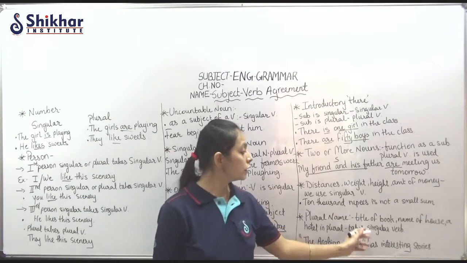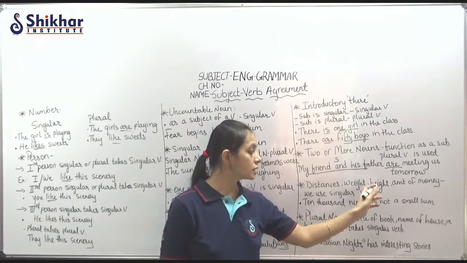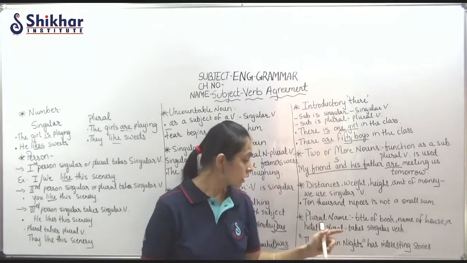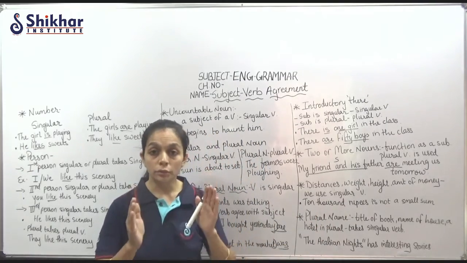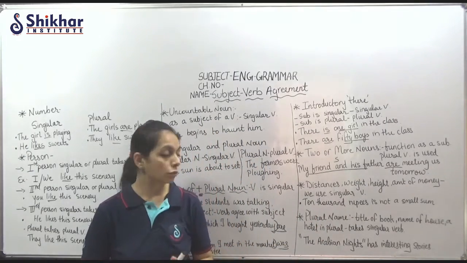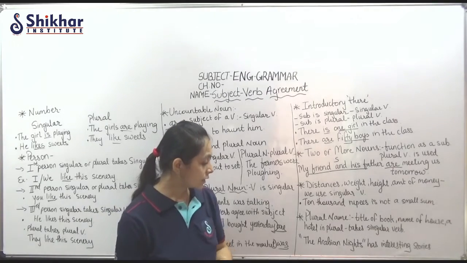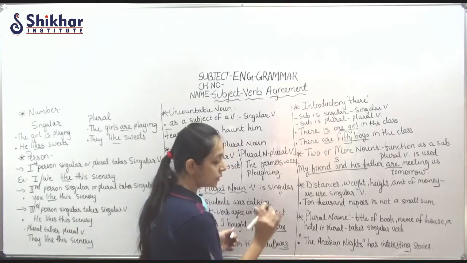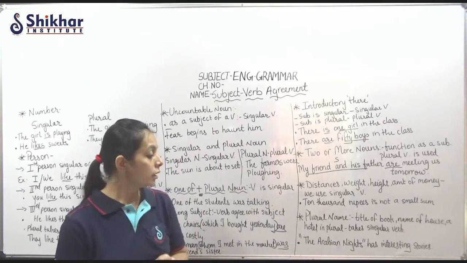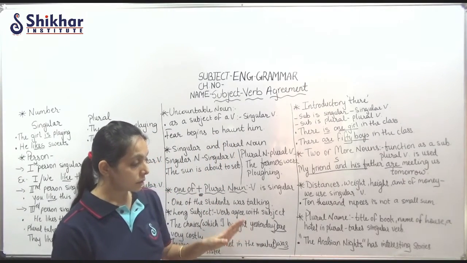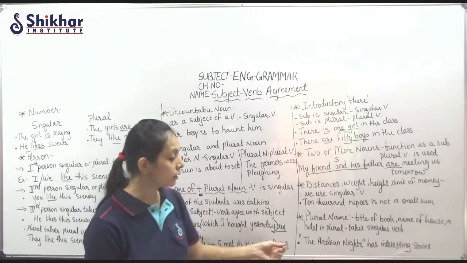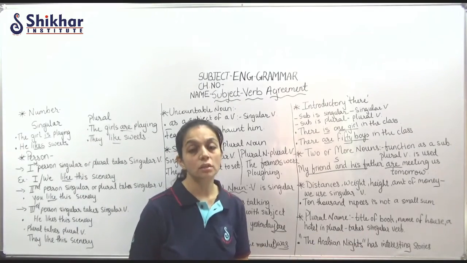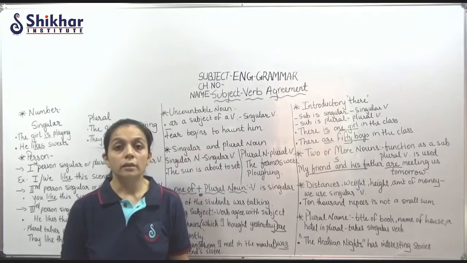Both ways, here you have to take distance, height, weight as a single unit, and your name as a single unit, and that is why you have to take a singular verb. That is one example I have written, the Arabian Nights. Arabian Nights, so here you will not write 'are', and not 'have'. Arabian Nights has interesting stories, right?